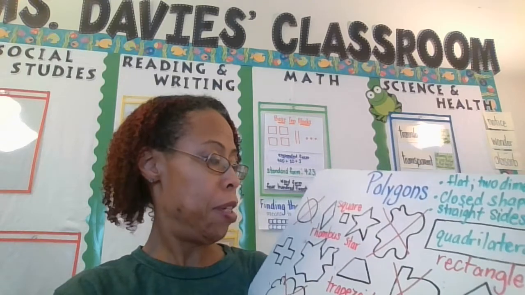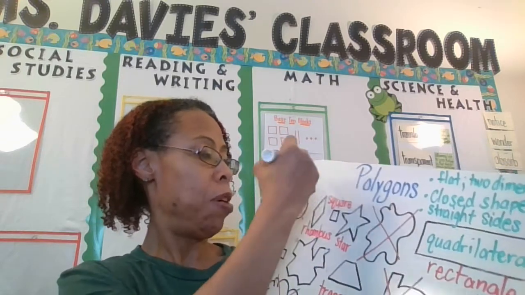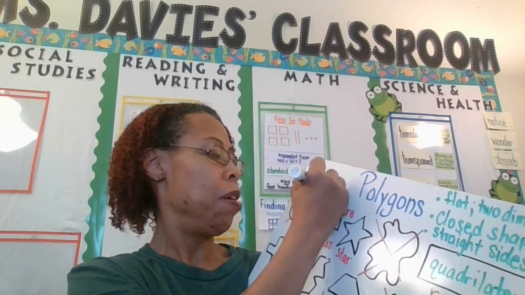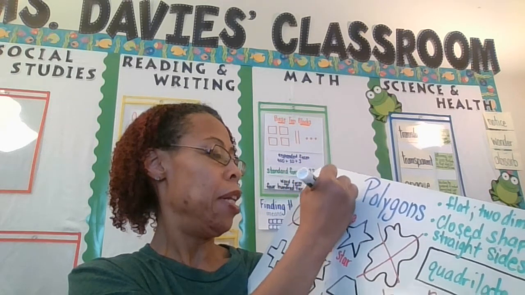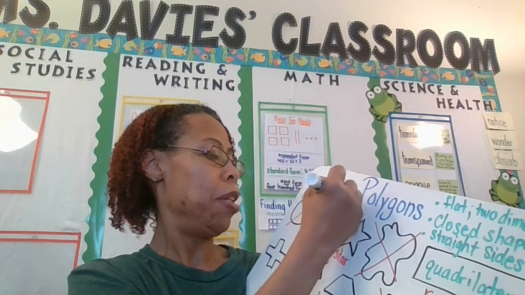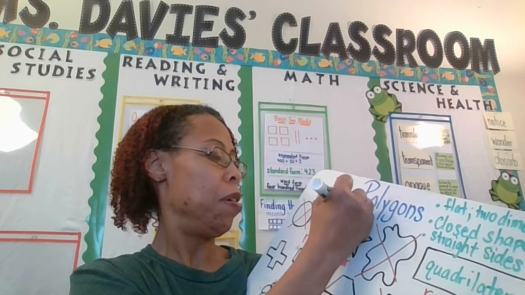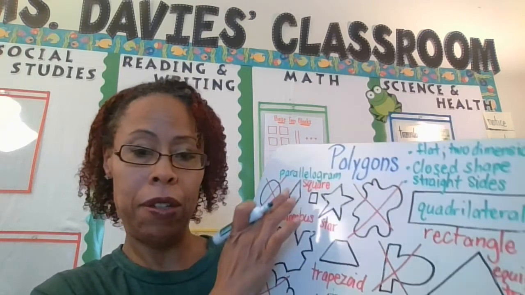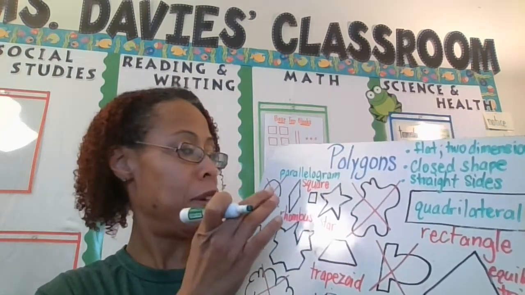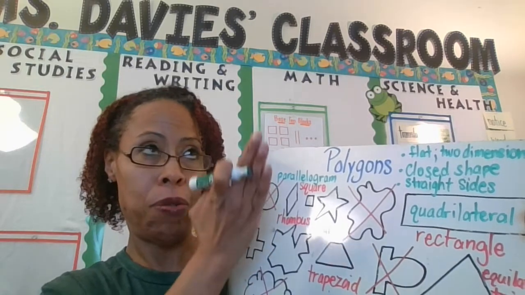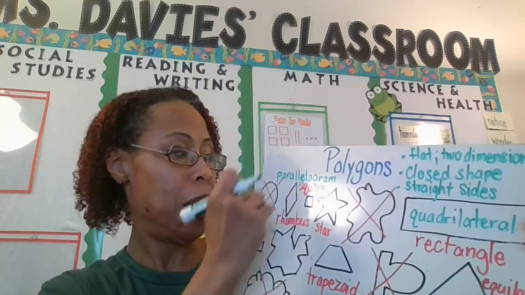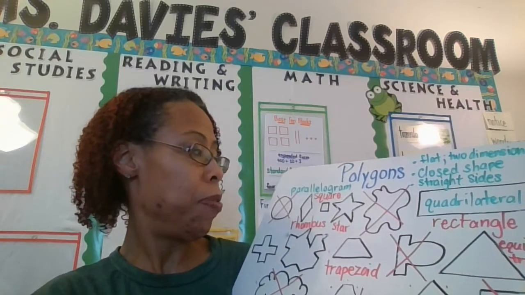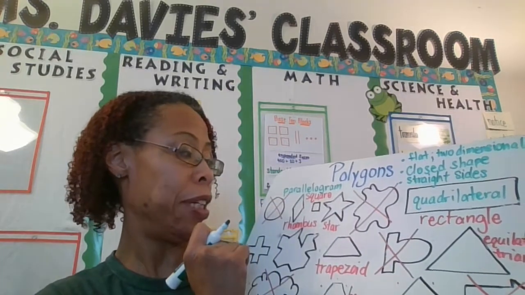Okay, but this and this rhombus are also known as a parallelogram. That means the two opposite sides are parallel. That means they're going to keep running in a direction and never intersect, never cross with each other. So it's both a quadrilateral and a parallelogram.